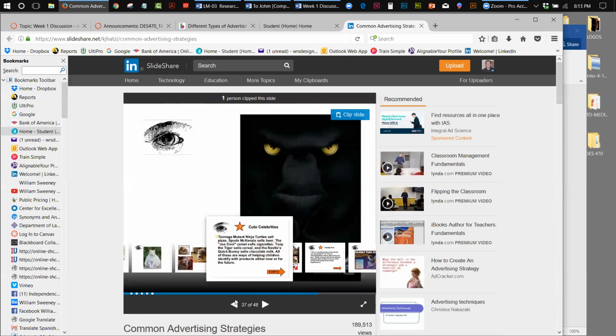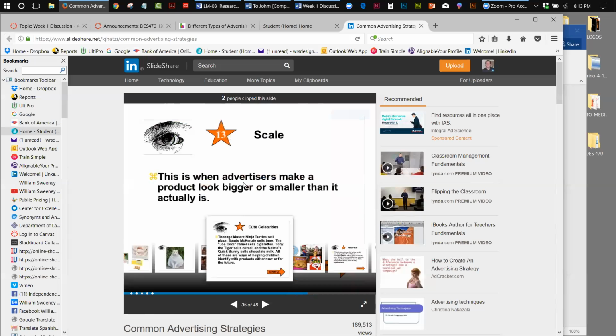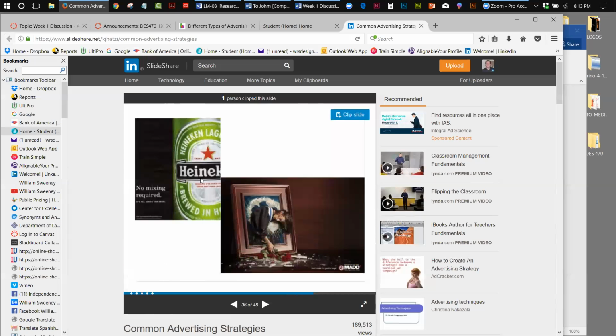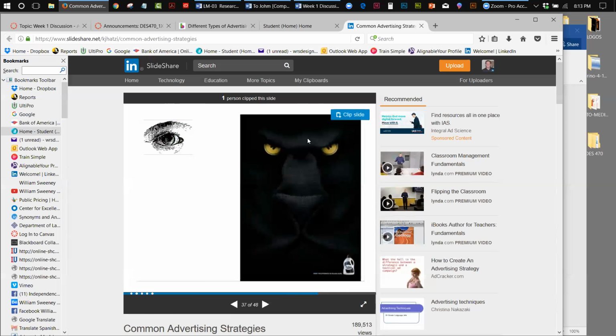And let's go back, scale, okay? This is one that you should really consider, because depending upon what you're working with, you can play with it and come up with some very creative stuff, just as you see here, and especially here.